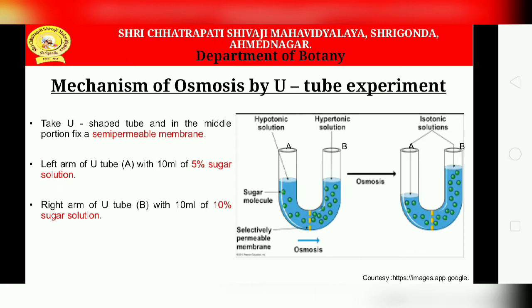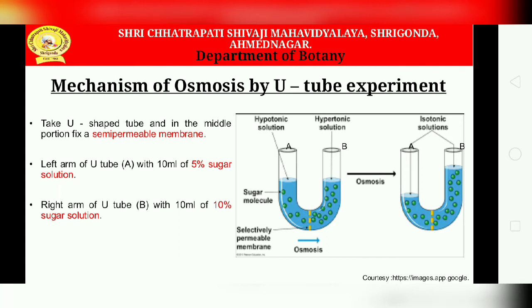Fill the left arm of the U-tube, which is A, with 10 ml of 5% sugar solution, about 95% water, and fill the right arm of the U-tube, B, with 10 ml of 10% sugar solution, which is about 90% water. The water molecules will diffuse freely through the semi-permeable membrane from arm A into arm B.